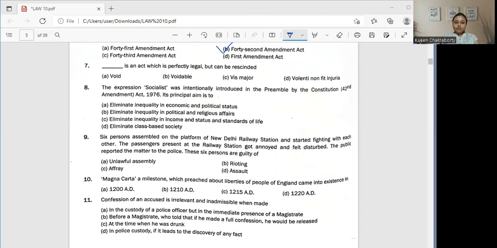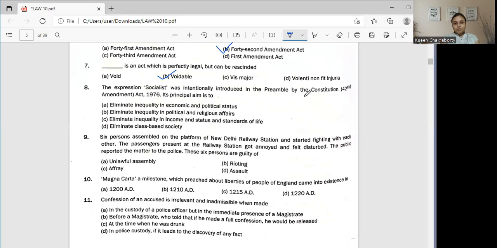Now we will move on to question number 8. The expression socialist was intentionally introduced in the preamble of the Constitution by the 42nd Amendment Act, 1976. Its principal aim is to, option A, eliminate inequality in economic and political status.